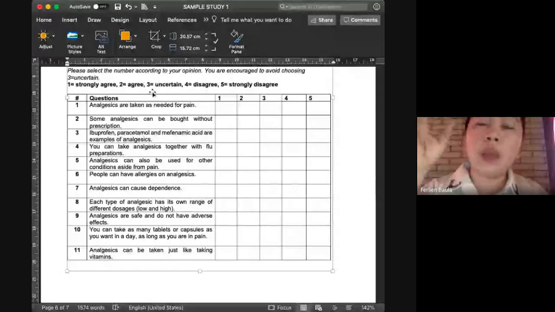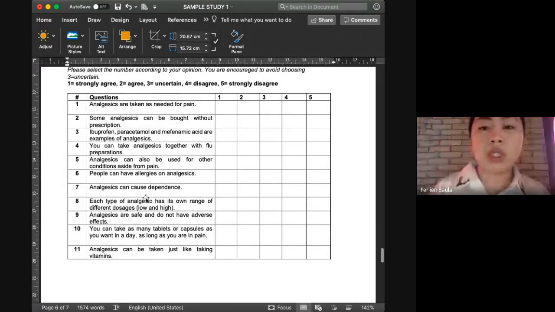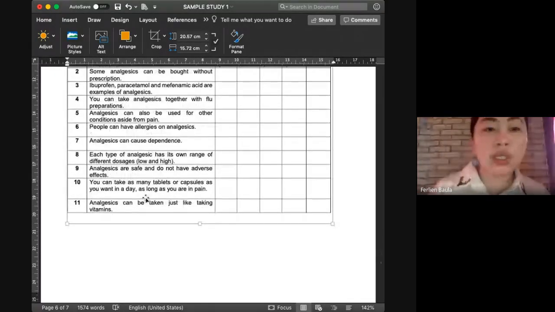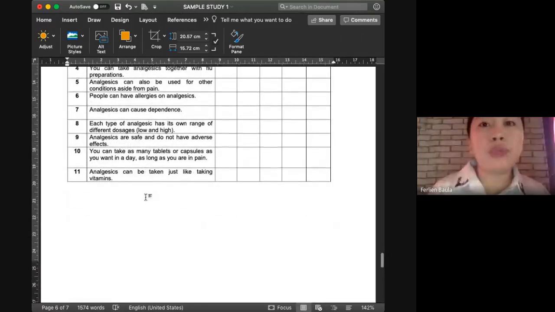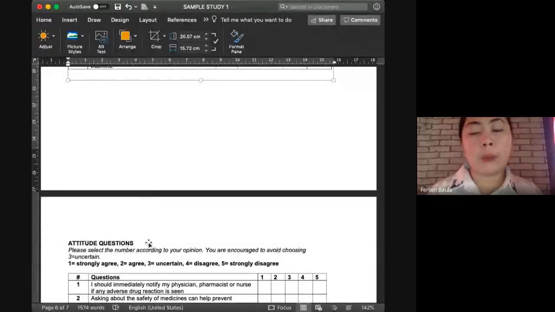Kung malalaki yung number mo sa total scores, pasabot or ibig sabihin, they are, majority of them, commonly, may answer na strongly disagree. So, maraming questions. And the number of questions and the type of questions will be validated and checked by the panelists during your defense and by your advisors also.